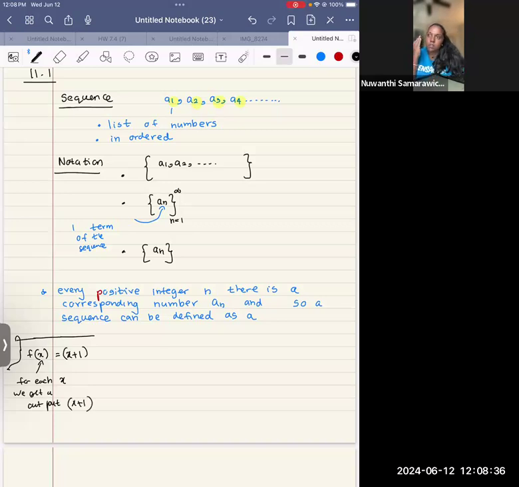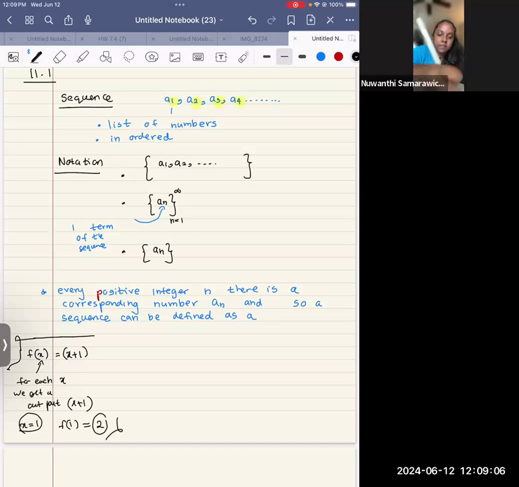When x is equal to 1, then f at 1 is equal to 2. A function is like a machine. Whenever you give a number to the machine, the output will be a number. So a sequence is also like a function.